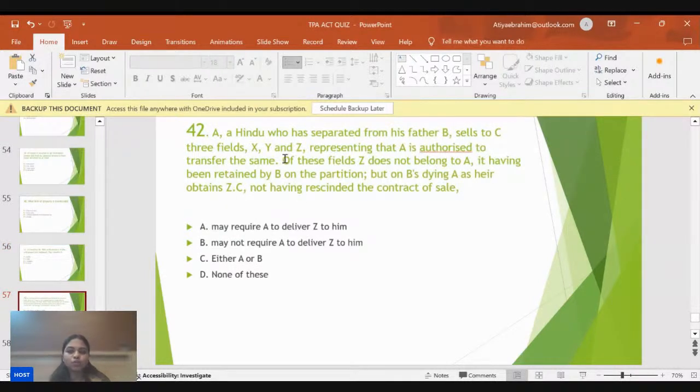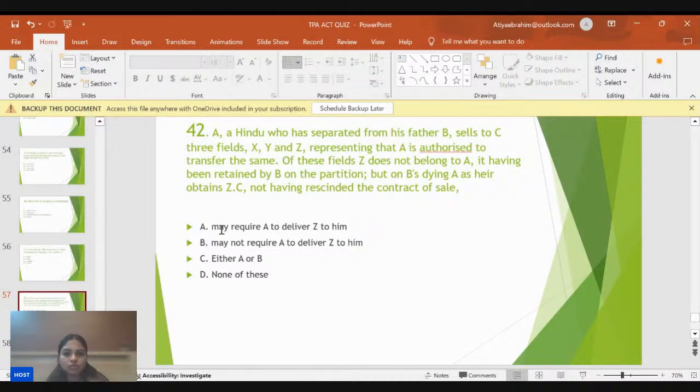A is a Hindu who has separated from his father B, sells to C three fields X, Y, and Z, representing that A is authorized to transfer the same. Of these fields, Z does not belong to A, it having been retained by B on partition, but on B's dying, A as an heir obtains Z. C not having decided in the contract of sale.